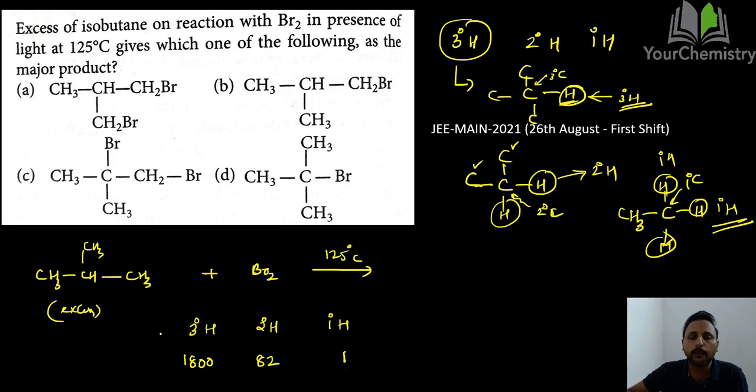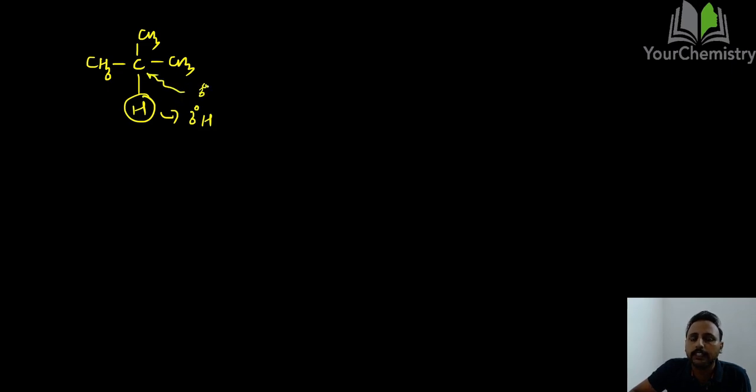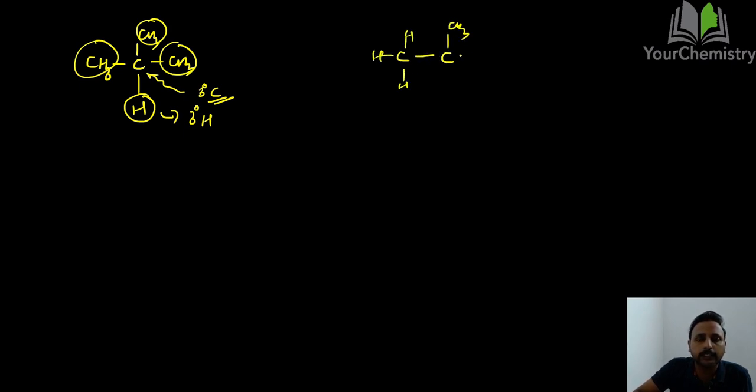Let us identify the different types of hydrogen present in this given compound. CH3, CH3, CH3, and H. Definitely this is a tertiary hydrogen, because it is connected to a tertiary carbon. A tertiary carbon is connected with three other carbon atoms. Now there are CH3, CH3, CH3.